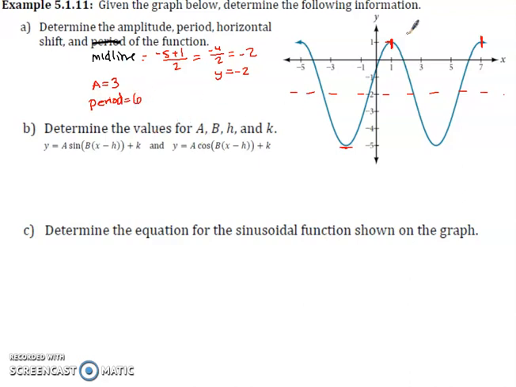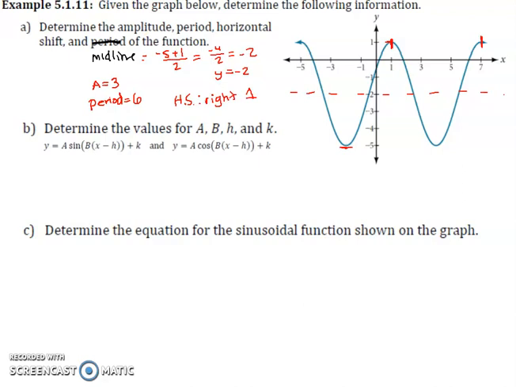And then the horizontal shift, if I look at this as a cosine function, generally cosine has its peak at 0 on the x-axis and 1 on my y-axis, which means that I have shifted everything over to the right 1 unit. So my horizontal shift is going to be right by 1 unit.